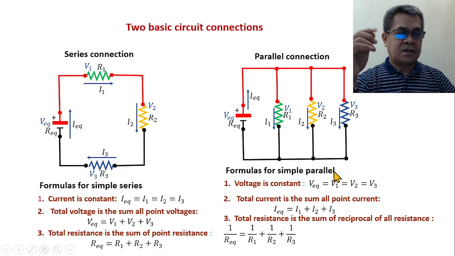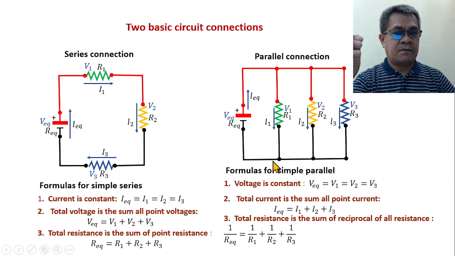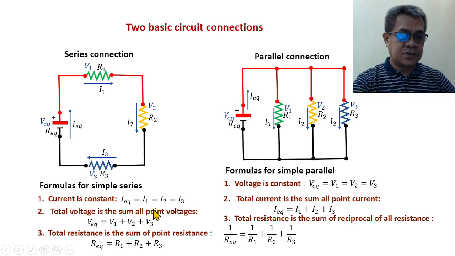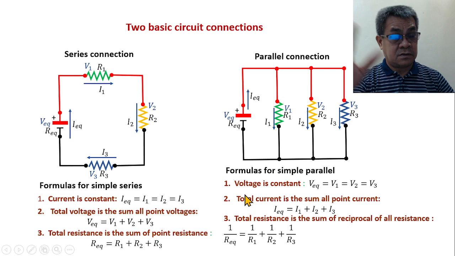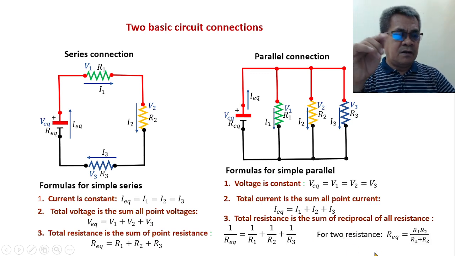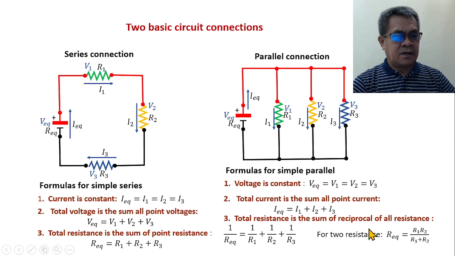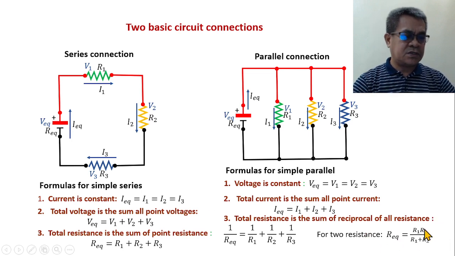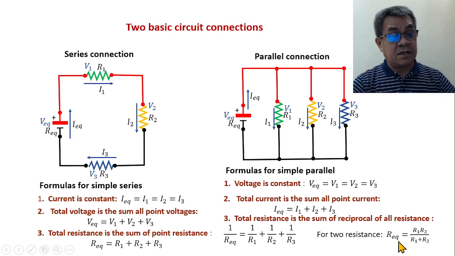So if you are to solve the problem in series and parallel, then you have to use the respective formula, and you have to memorize this, or you can derive the formulas. Okay, now we have a special formula here. If we have only 2 resistors, you can take the product of the 2 resistors divided by the sum of the 2. This derivation is taken from this one.